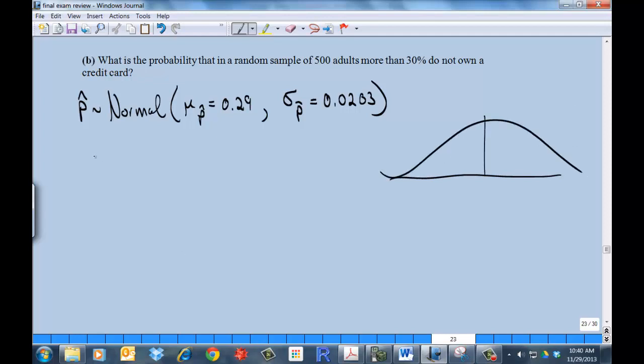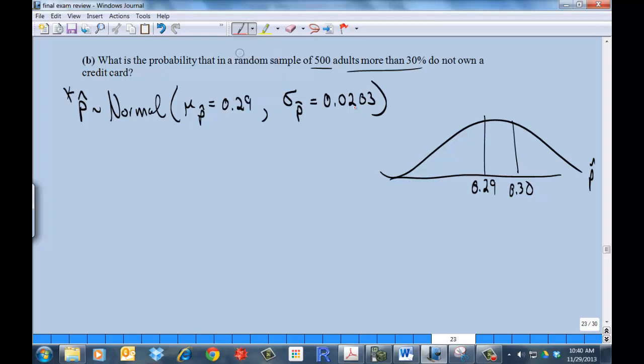So we're going to graph this normal distribution here. This is what we're graphing, p hat, with a mean of 0.29 and standard deviation given by here. We want to know the probability that in a random sample of 500 adults, more than 30%. So 30% is going to be to the right of 29%.